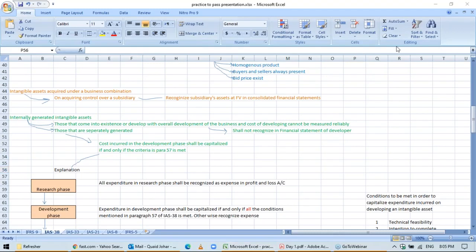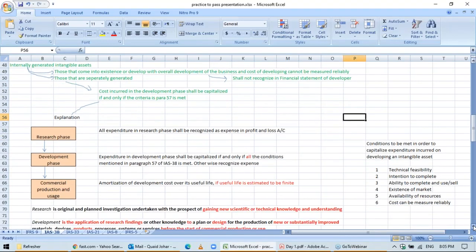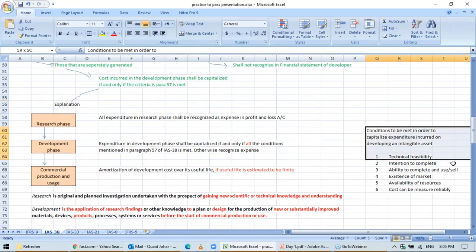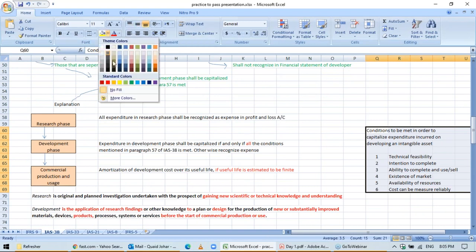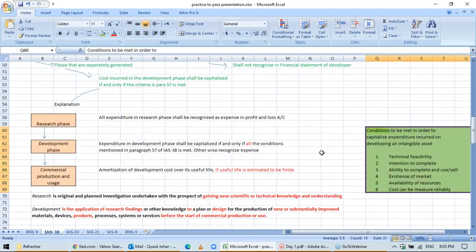You can see the 6 conditions over here in the green box. Very important conditions. All of the conditions should be met. If any one of these 6 conditions is not met, you cannot capitalize the development cost. So all of these 6 conditions should be met.